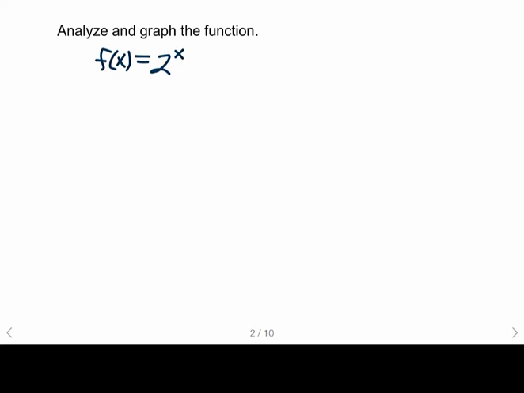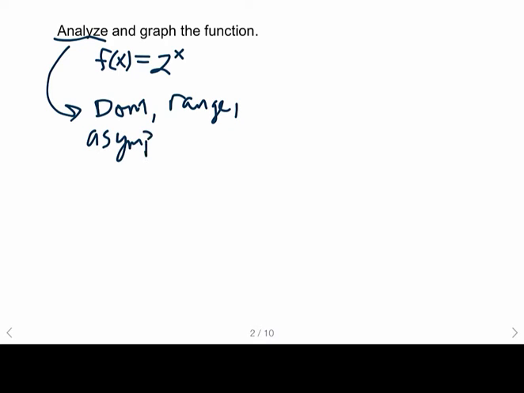For our first example, we're going to analyze and graph the function f of x is equal to 2 to the x. And in this context, for analyzing, we are going to look at the domain, the range, and asymptotes, or there's only going to be one, but asymptote and the intercept.